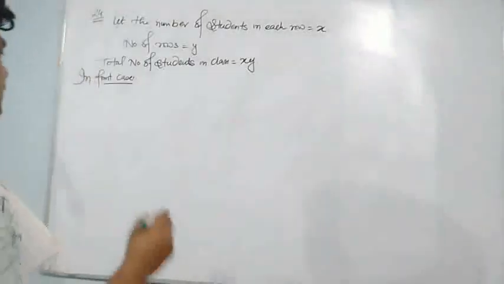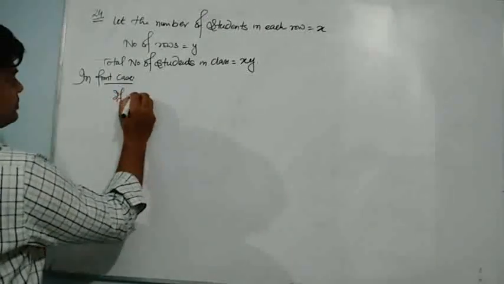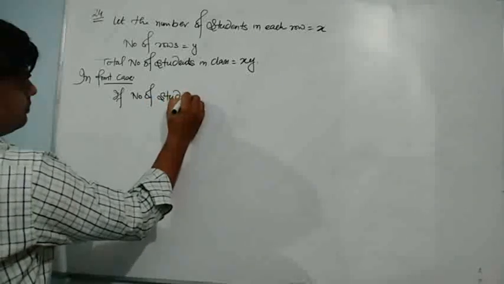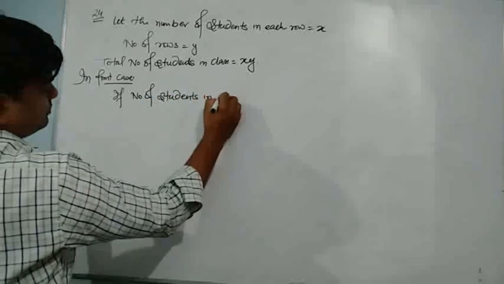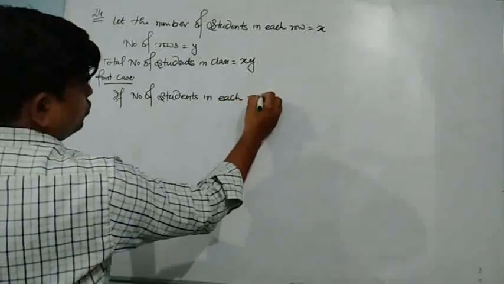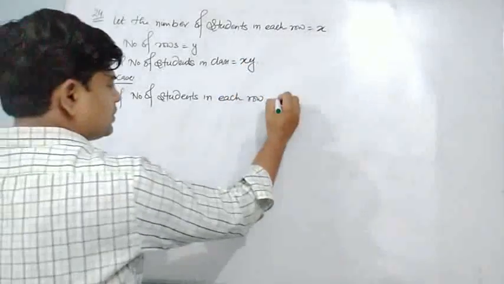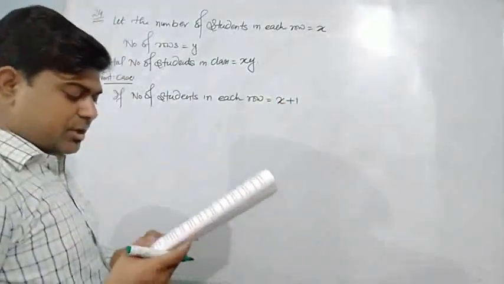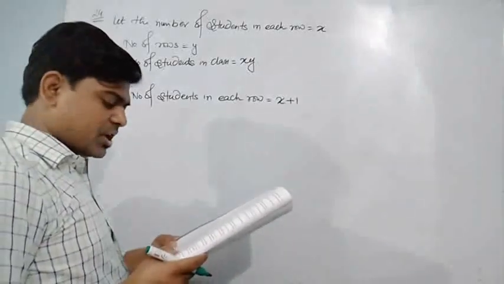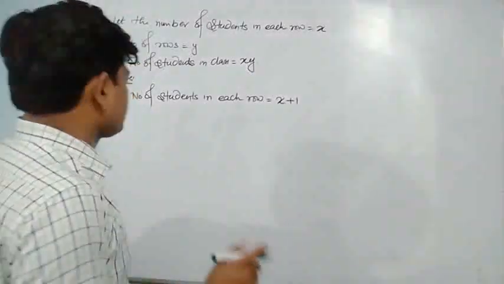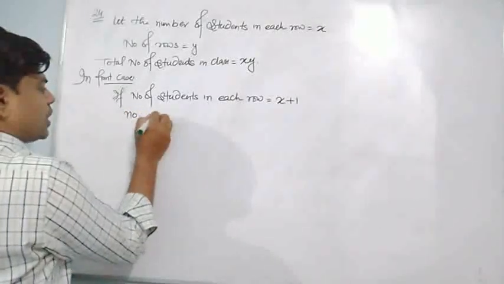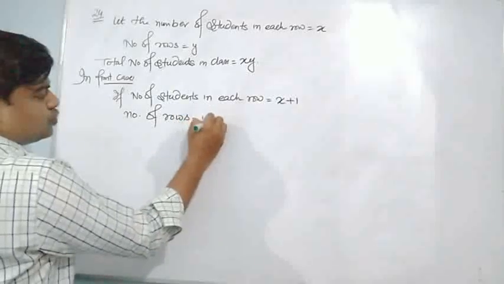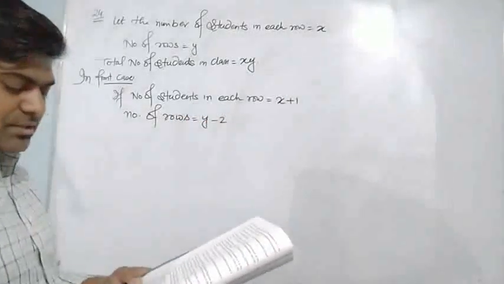So what can I write in the first case? If the number of students in each row is equal to x plus 1, one student extra, then the number of rows is equal to y minus 2, 2 rows less.